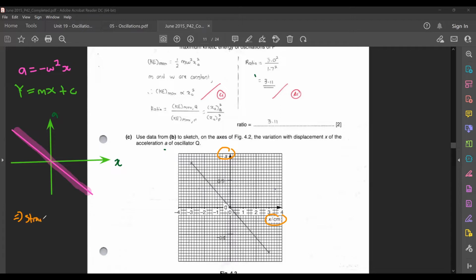It must be a straight line graph through origin with negative gradient. Okay, so in your case here, when you want to plot the graph, the negative is actually very important to take into account.